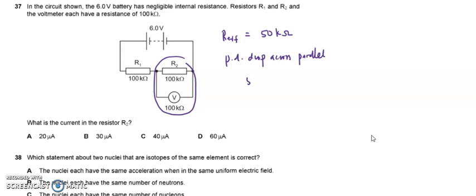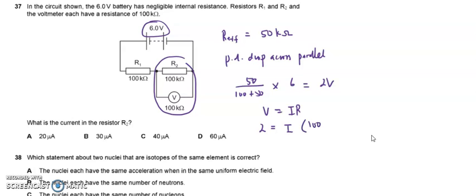So if this is 50, then 50 over the total, 100 plus 50, multiplied by the 6 volts from the power supply, will give 2 volts. So the potential drop is 2 volts across the parallel. So using V equals to IR, for the R2 resistor, R is 100,000. Therefore, we can calculate I, and it will be 20 microampere.